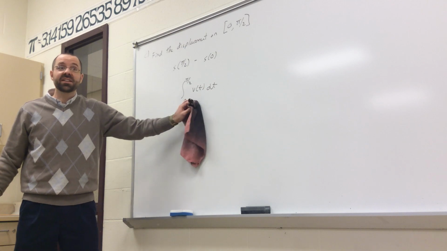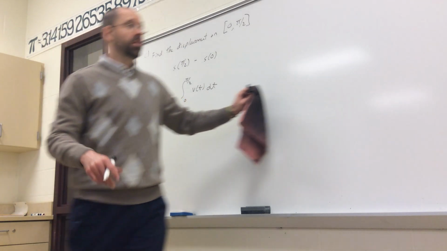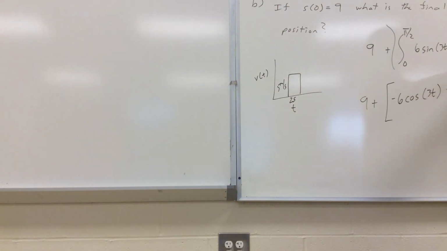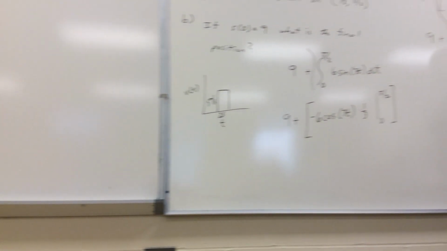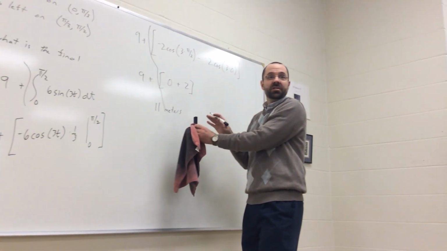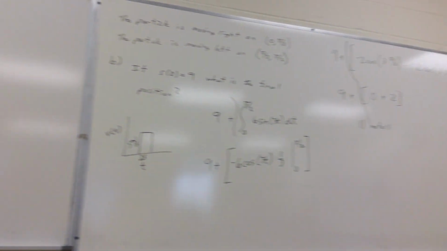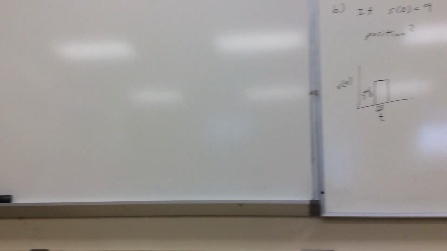And we already calculated this over here. The work is right here. Just leave out the 9 and we did the work. So the displacement is 2. We already knew the answer was 2, but I wanted you to think about it in terms of an integral.